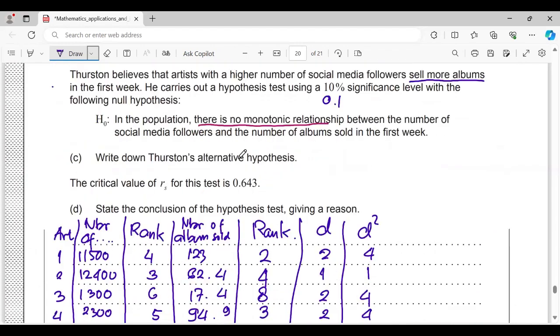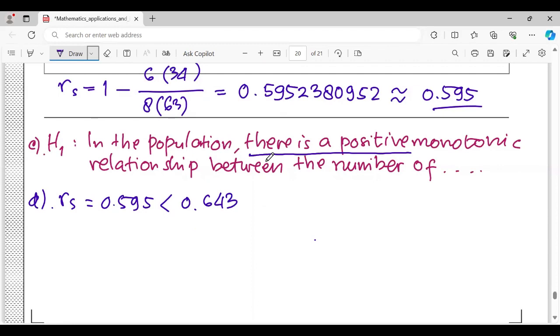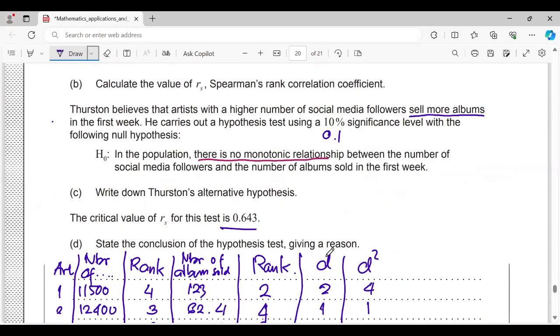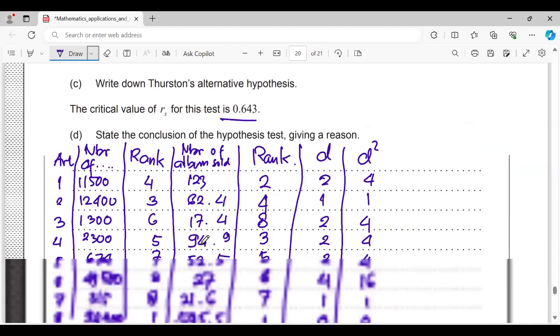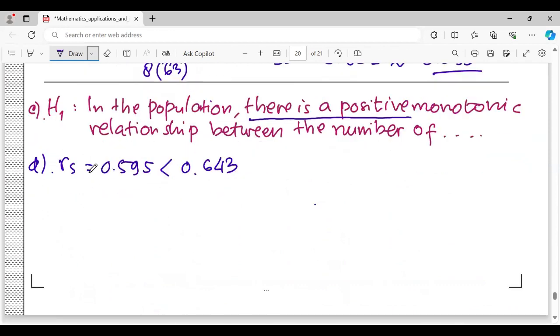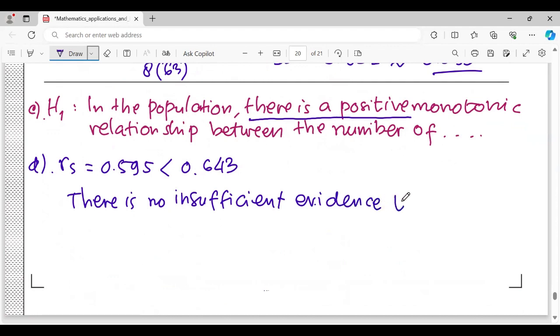Based on this test result, the conclusion is that there is insufficient evidence to reject the null hypothesis.